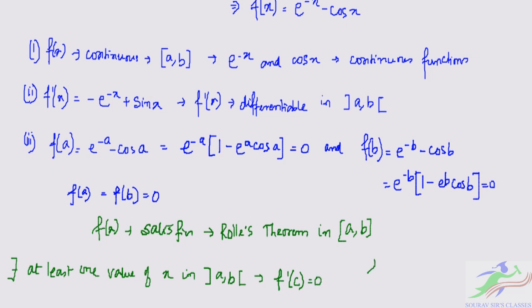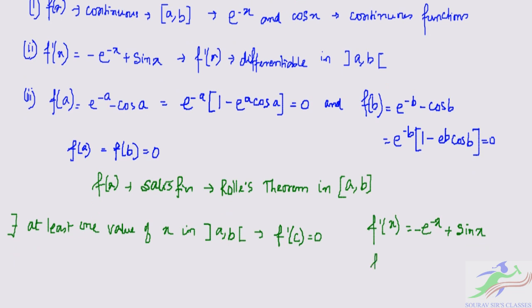We have already defined f prime x as minus e to the power minus x plus sin x. So f prime c is minus e to the power minus c plus sin c, which is equal to 0.